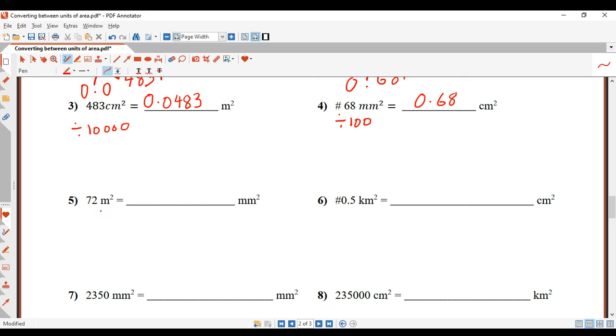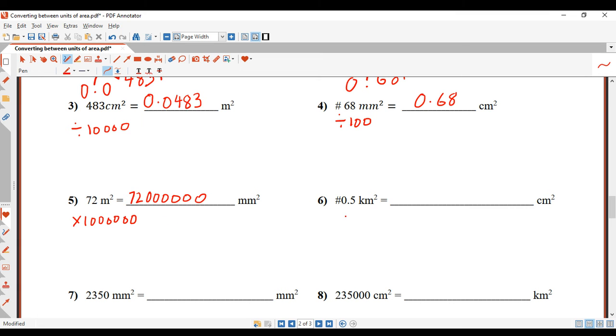We're going to times 72 by 1,000,000. So that's going to be 72 and then 1, 2, 3, 4, 5, 6. So 72 meters squared is 72 million millimeters squared.